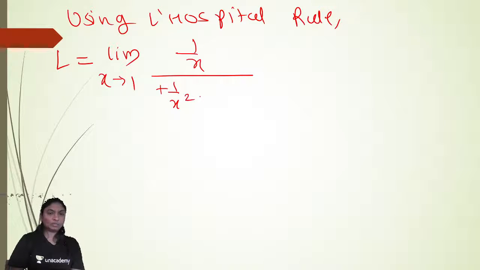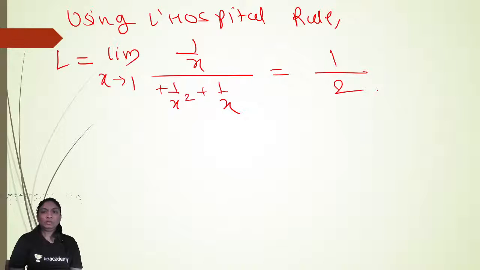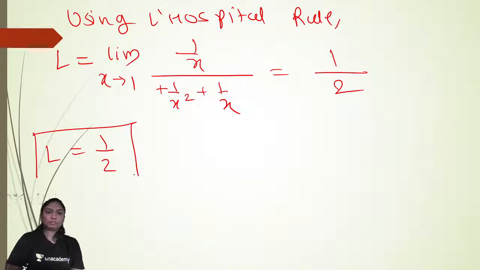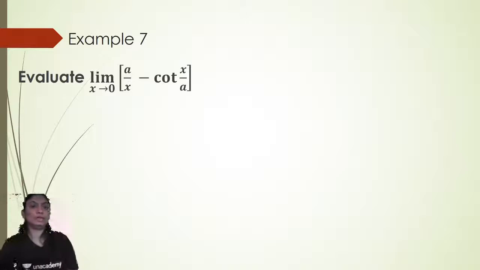So plus 1 upon x square plus 1 upon x. Right? So limit as x tends to 1. So 1 upon 1 by 1 plus 1 by 1. So 1 plus 1, 2. So L is equal to 1 by 2.